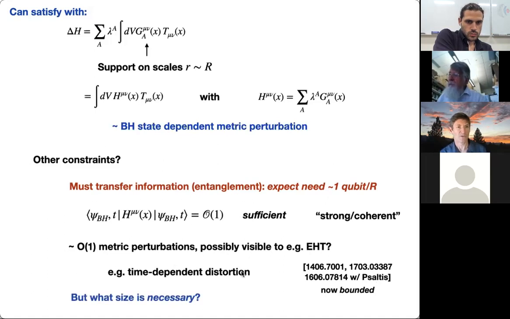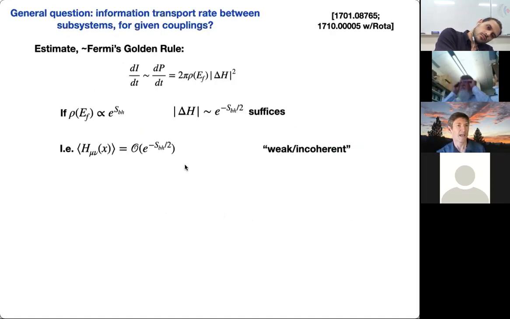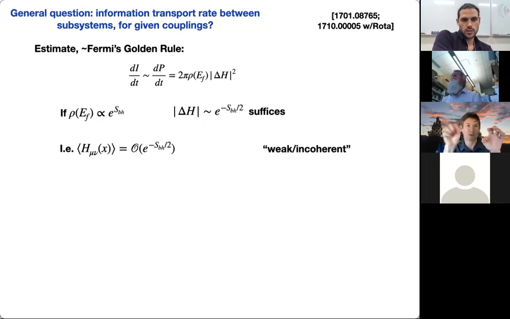But there's a question of what size of these couplings or effective metric perturbations is truly necessary to transfer this amount of information. And here this touches on a general question, which is the question of information transport rates between subsystems for given couplings between the subsystems.